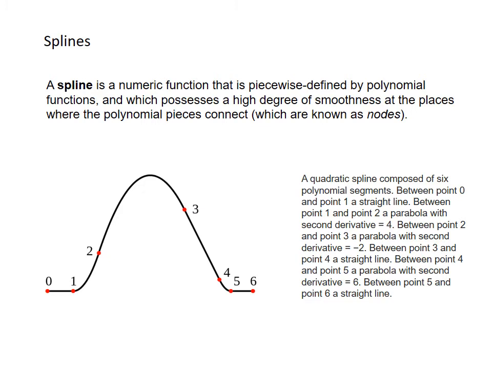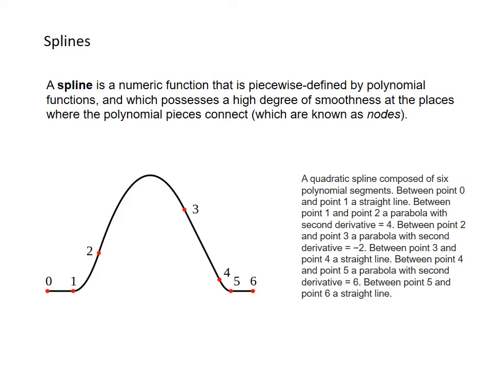So we might have this whole function that says if x is between 0 and 1, then y is equal to, in this case, some sort of constant. We'd have another function that says else if x is between 1 and 2 here, then the value of y is described by some sort of polynomial.